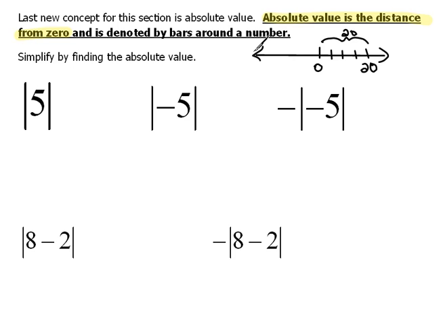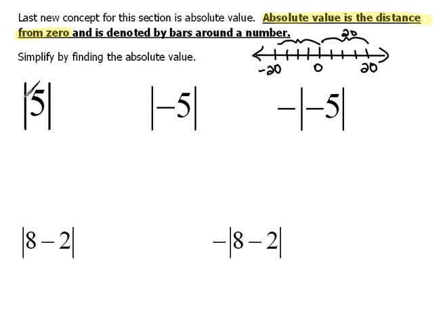On the other side of 0, we have the same sort of thing happening. Let's do these by 5s again. 5, 10, 15, 20. So this would be negative 20. I'll write that a little bit neater. Now, if I ask you for the absolute value of negative 20, I'm saying what is the distance between negative 20 and 0? And again, that would be 20 units.